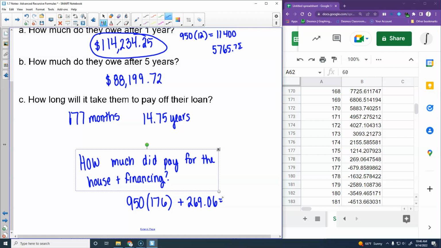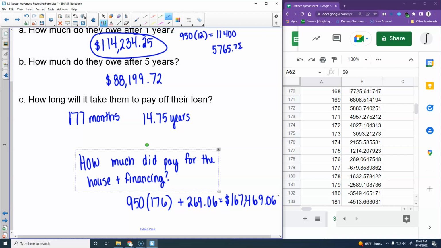They pay $167,469.06. The house, they only borrowed $120,000.